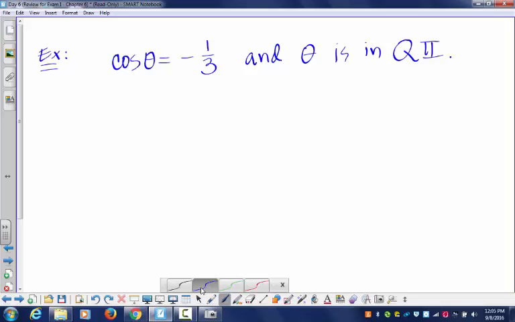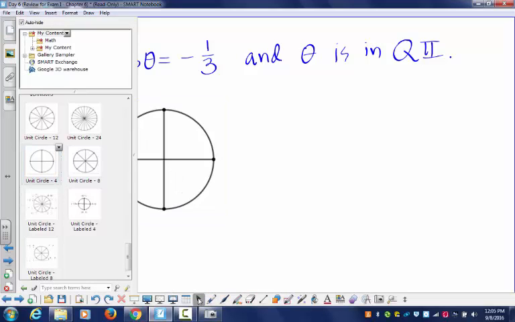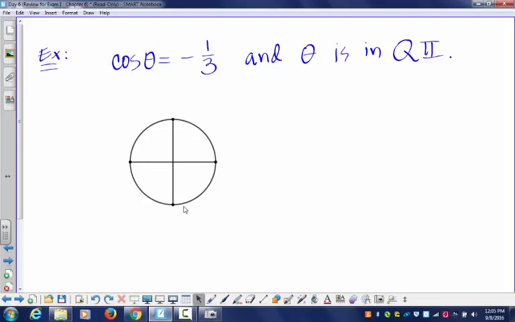So find theta in quadrant 2 that has a cosine value of negative 1/3. Quadrant 2, cosine is negative 1/3.